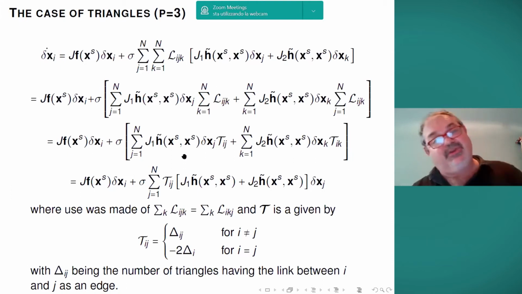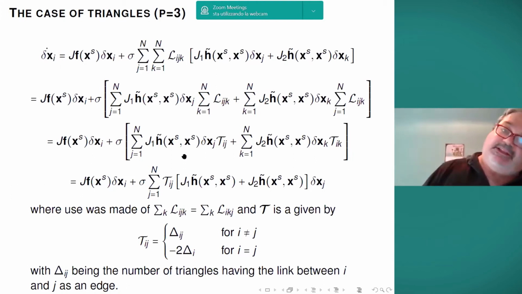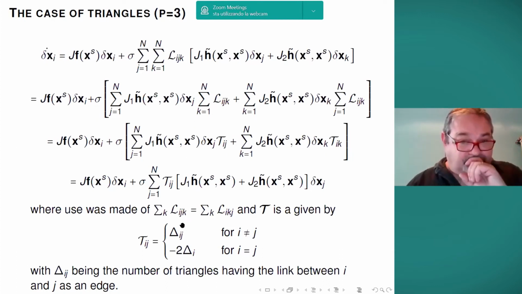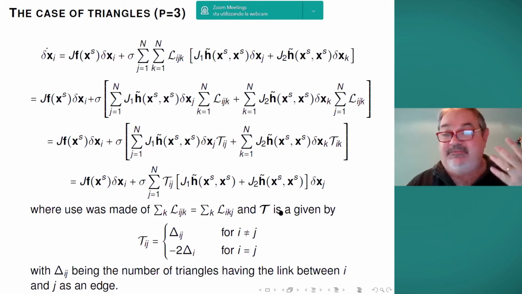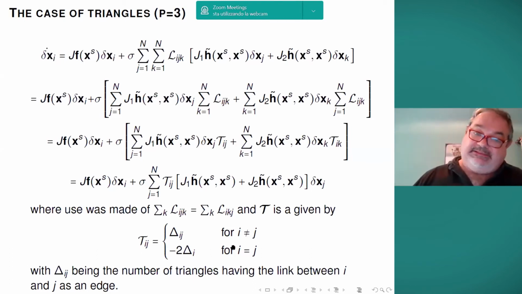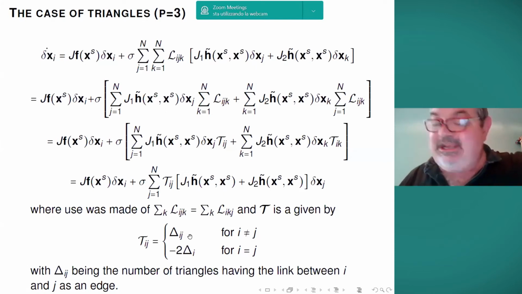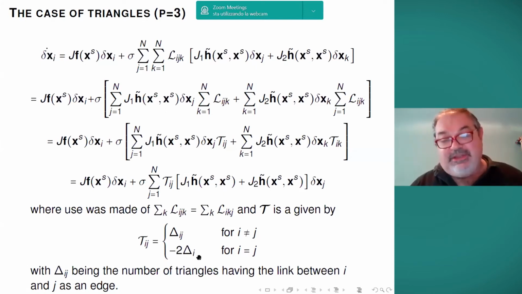You can do this because of the property of the Laplacian tensor. And you have introduced this tau, which is a matrix, in which the element for i different from j is delta_ij, the generalized degree of the link ij, and the diagonal element is minus 2 delta_i, the generalized degree of the node i. So exactly the two quantities that Karin introduced just a few minutes ago.